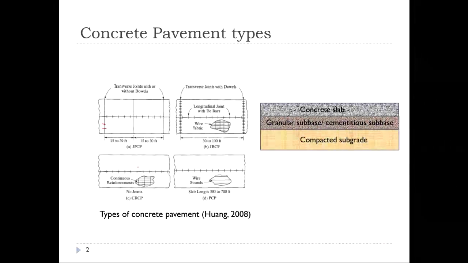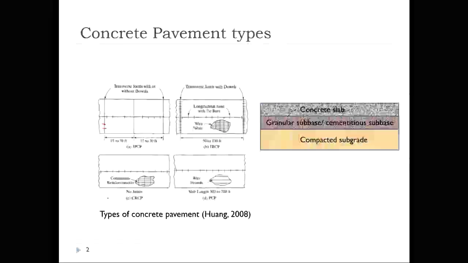Another type of concrete pavement we can provide is CRCP, continuously reinforced concrete pavements, where you do not find transverse joints. You find a pavement constructed monolithically.